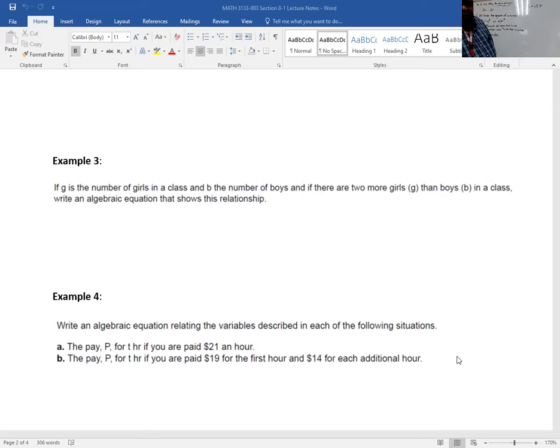Are there any ideas how to write that equation? G is equal to B plus 2.